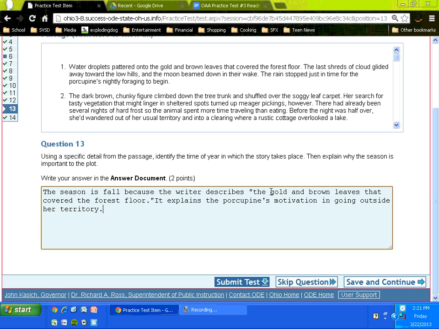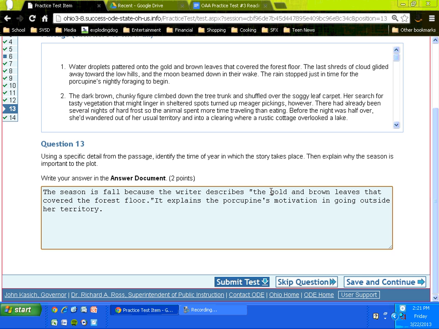And possibly after everything thaws, you would find those brown leaves. And seems to me, what month is it right now? It's March. I'm looking at golden brown leaves on the ground out there right now. Yeah, and that's exactly what it said in the story, that it's in the forest. So there's enough evidence for you to say it's spring and to defend your answer.